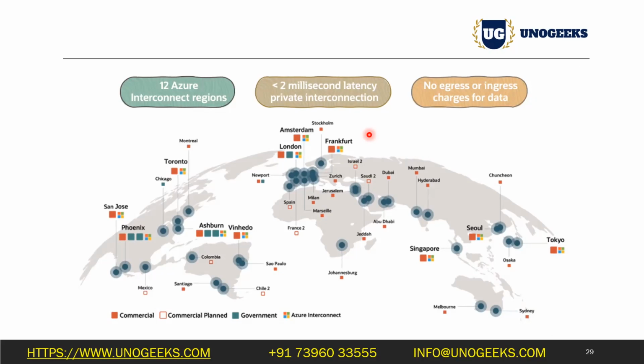So those data egress charges you will have to pay. But when it is going to Microsoft, that is Azure, it is the interconnect, so it is free, whether it is incoming or outgoing. Okay.